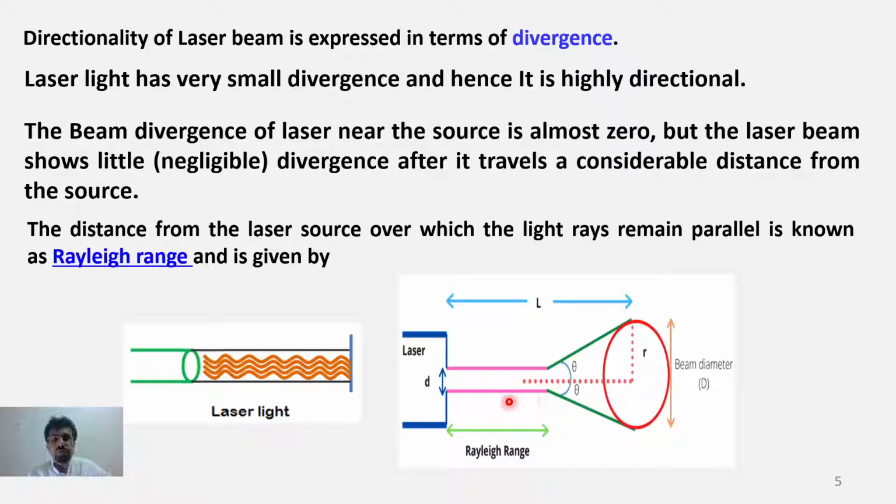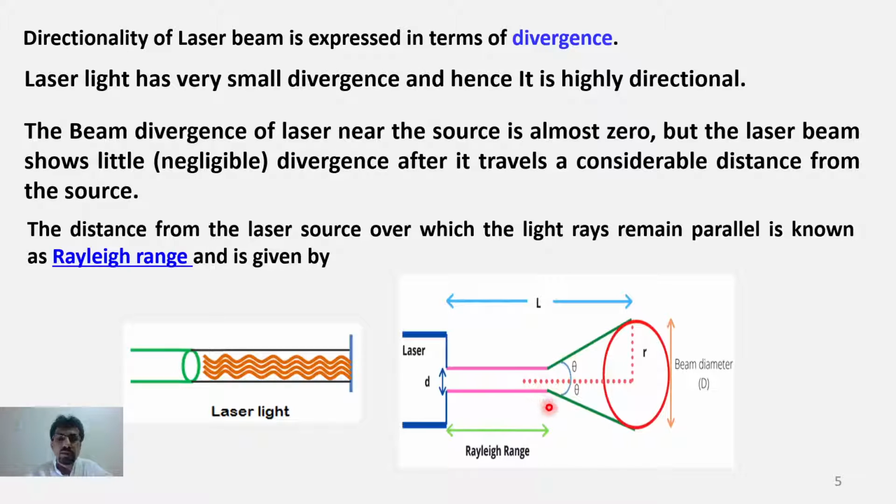Now see here, in this figure we can see that near the source, the radiation emitted from the laser source, all the light travels in the same direction, and the divergence of the beam is almost zero.